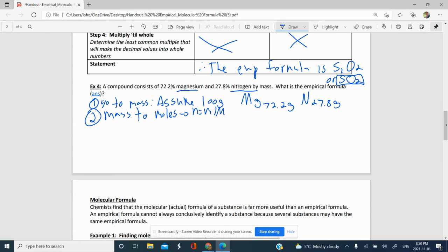So I'm simply going to divide these by their molar masses, 14.01 grams per mole here, and then 24.31 grams per mole here from the periodic table. And we get, so 27.8 divided by 14.01, 1.984296931 moles.